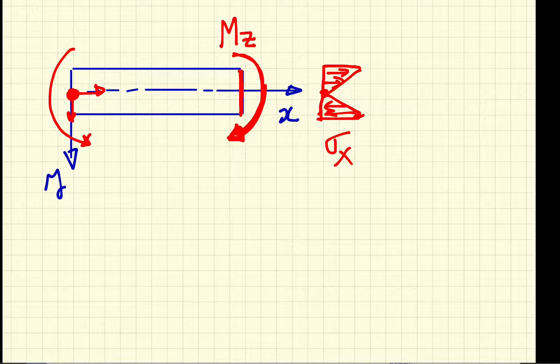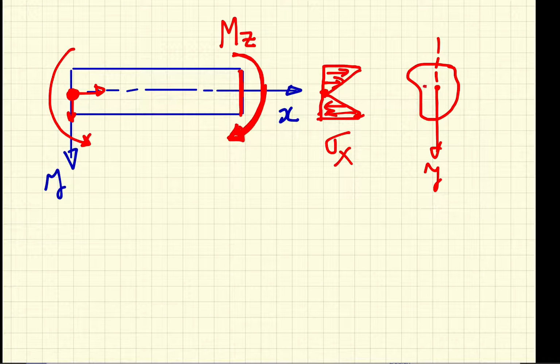The beam can have a cross section of any general shape. This is symmetric about the y-axis, so this is y here, and taking the z-axis in this direction to be consistent with figure A. So this is B here.